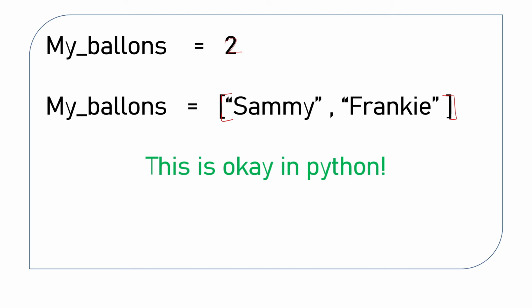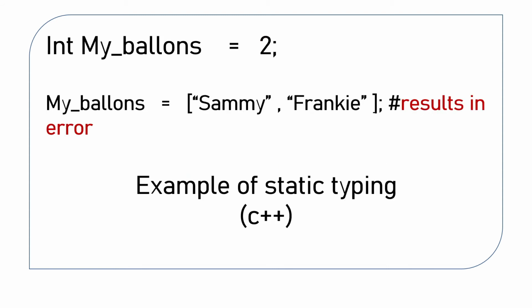But in other languages, that would produce an error, because these other languages are statically typed. Take the example of C++: you have to say int for integer, my_balloon, is equal to whatever integer value you want, such as 2.